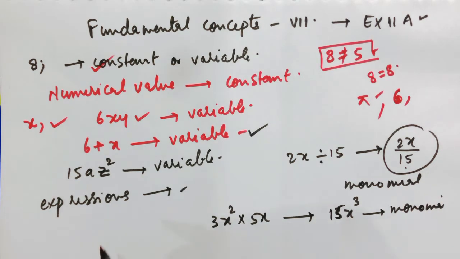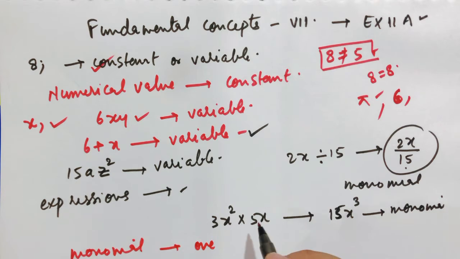What do you mean by monomial? A monomial is an expression that has one term only. A single term is known as a monomial.